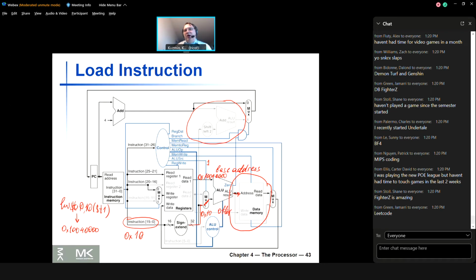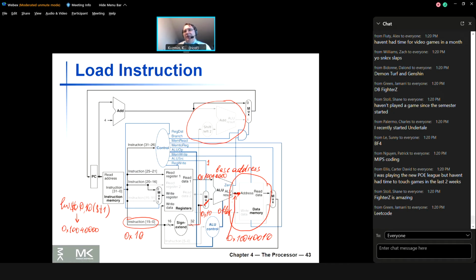So we are adding the offset to the base address, and the result is the address in memory where we want to read our data, right? So this here is going to be 1000 0010.